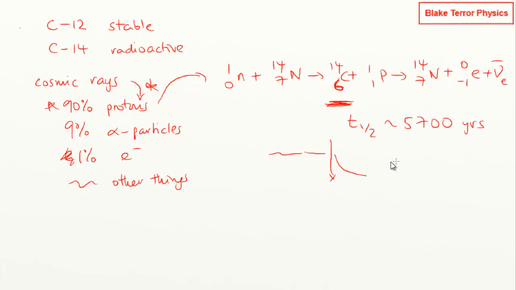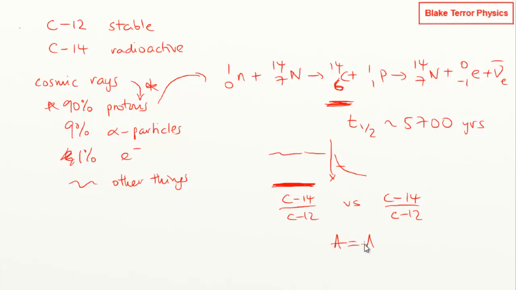So we can look at a living sample of the same material and say, right, this is the ratio of carbon-14 to carbon-12 in a living sample. Let's compare that to the ratio in the dead sample, and hopefully that will tell us how far down the decay this sample is, and that will allow us to age it.